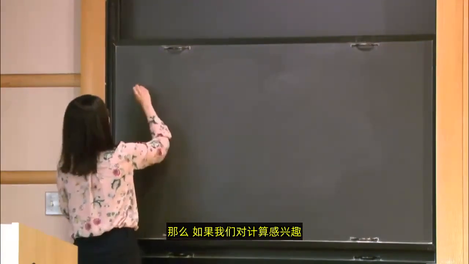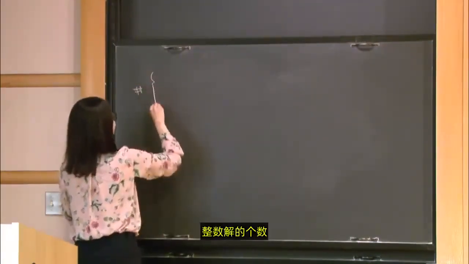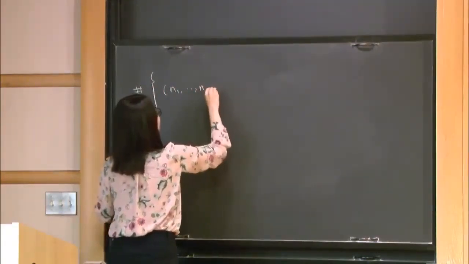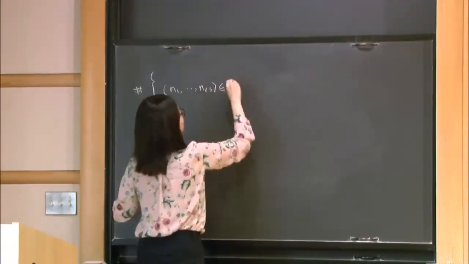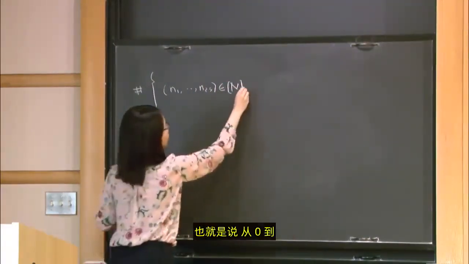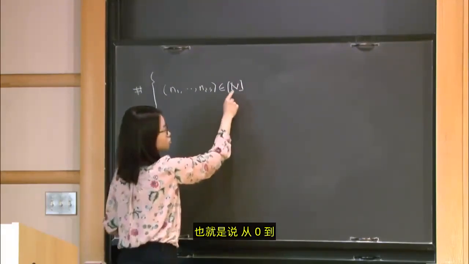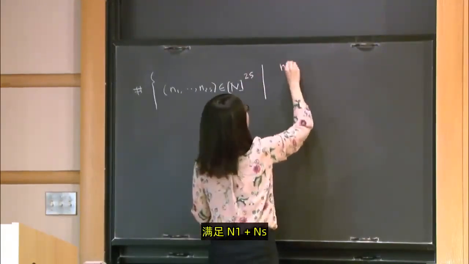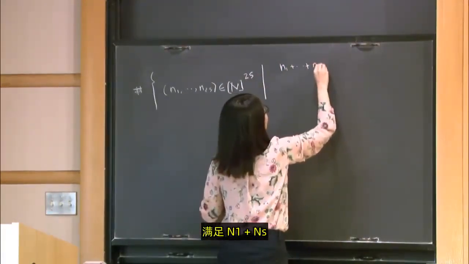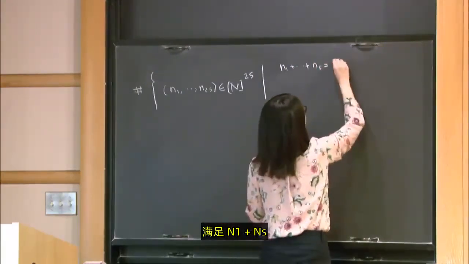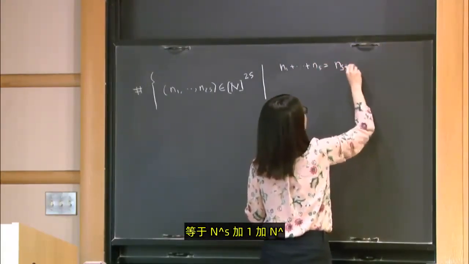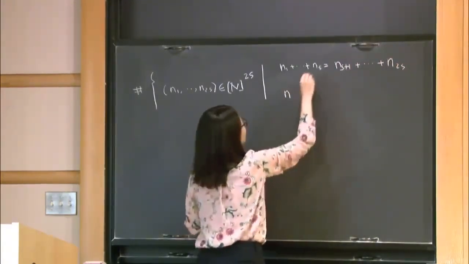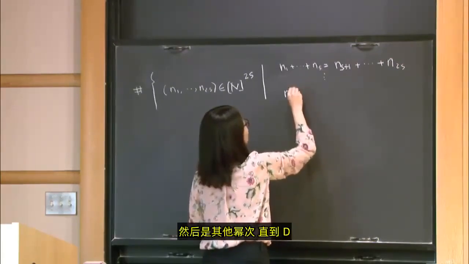So if we are interested in counting the number of integer solutions, so this means all the positive integers from 0 to capital N satisfying n_1 plus ... plus n_s equals n_{s+1} plus ... plus n_{2s}, and then all the powers until d.